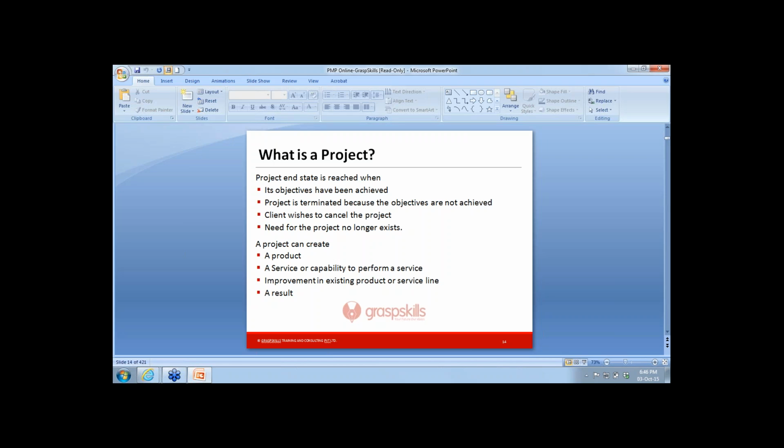A project could create a product. If you are working in the pharmaceutical industry, and as a project manager you ensure the release of a particular medicine or tablet, then once that medicine is created in the form of finished goods, that is called a final product, or an outcome of a project.